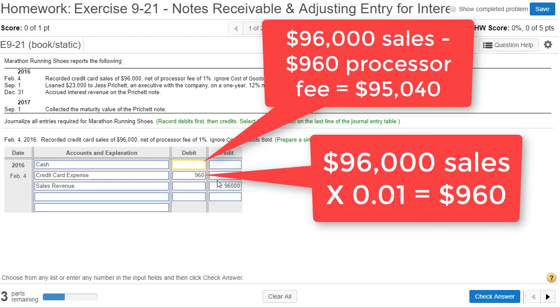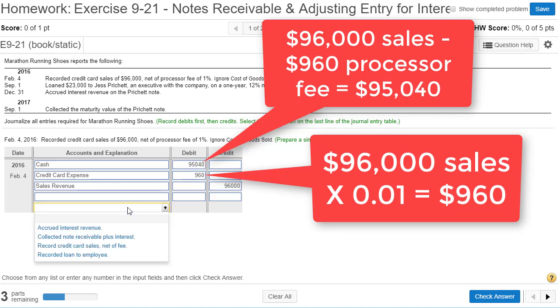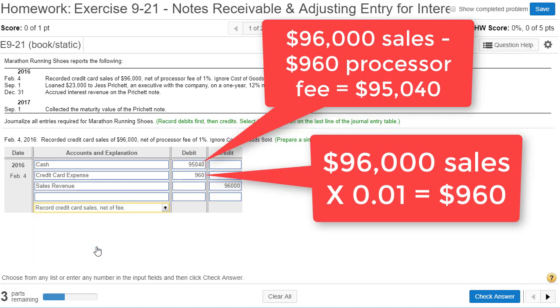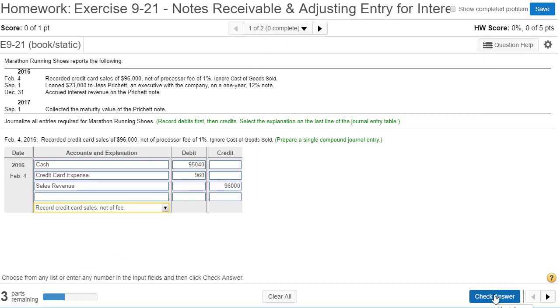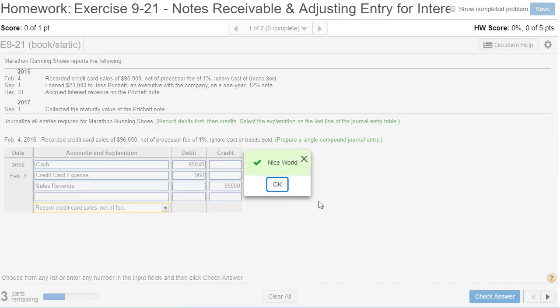And then the cash is going to be 96,000 minus the 960. That gives us $95,040 of cash. So we're recording credit card sales net of the fee, similar to a problem we did earlier.